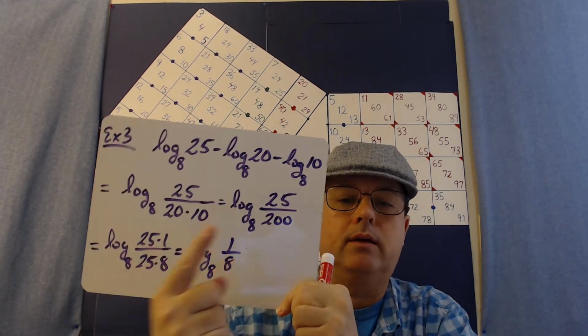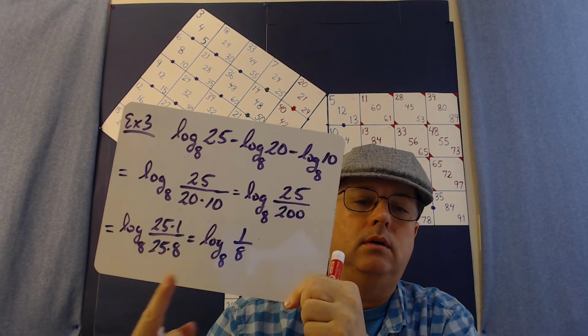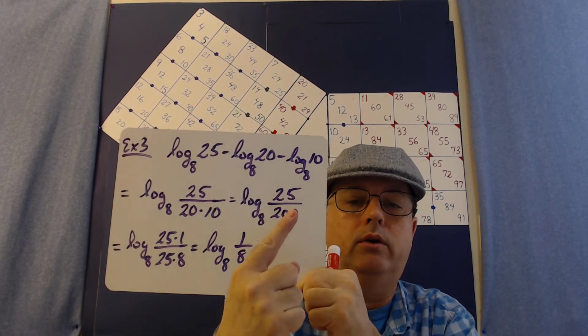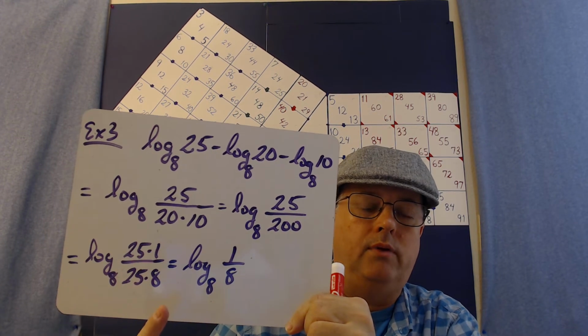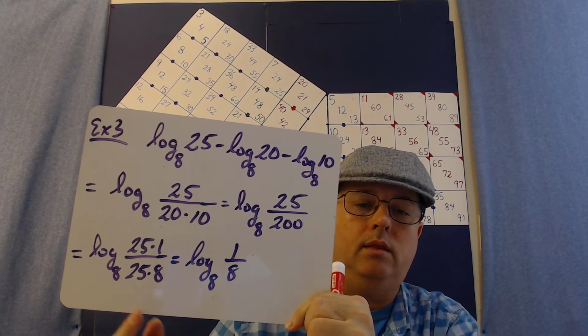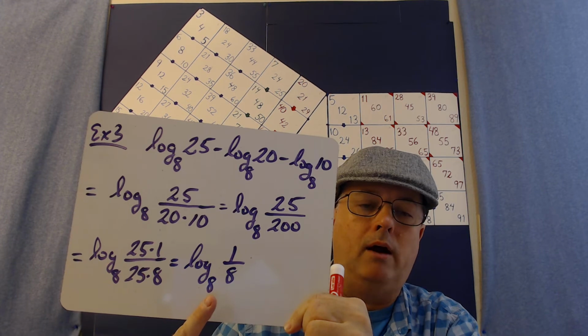Okay, so if we factor, all right, 25 times 8 is 200. And so then the 25s can divide out, and we have 1/8. And so again, what power of 8 gives us 1/8? Well, that's the -1 power. 8 to the -1 gives us 1/8. Okay, so there's our answer.